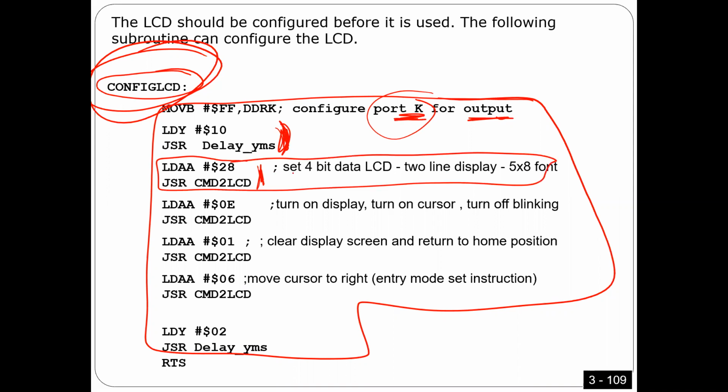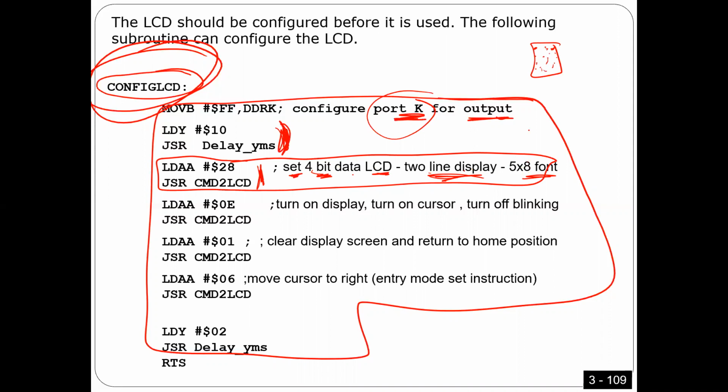This value should set 4-bit data LCD, 2-line display, 5x8 font. Okay, this is the configuration of our LCD. It is 2-line. It is 4-bit because we sent 4-bit. The 5x8 is how many points we have in every character.